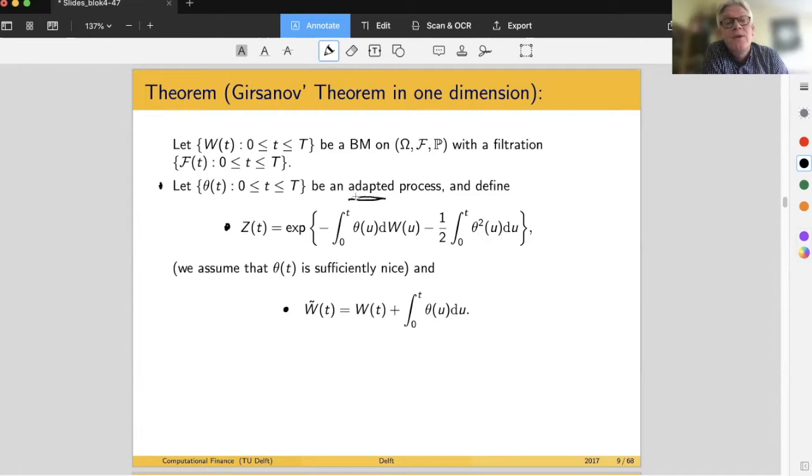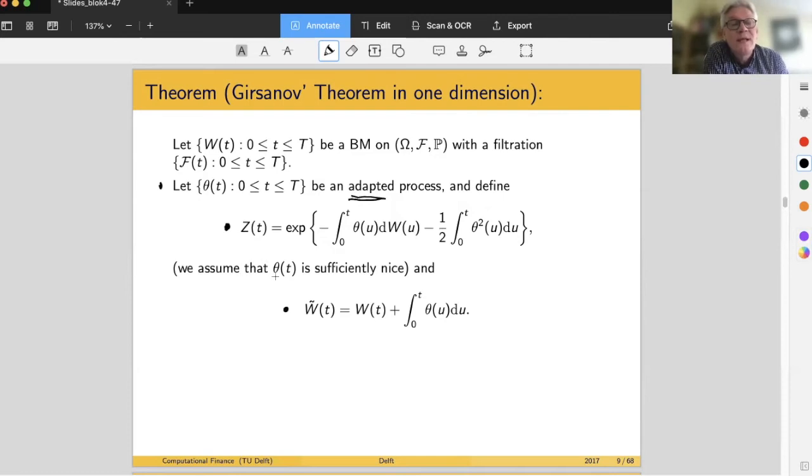And here we define our random variable Z as follows. Z_t is the exponential function with as exponent minus the integral from 0 to t of theta_u dW_u, minus 1/2 the integral from 0 to t of theta squared u du.